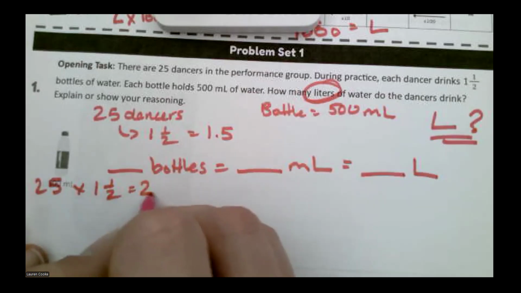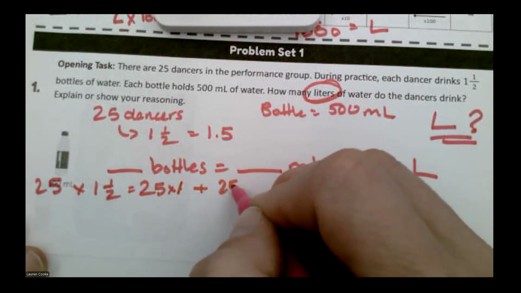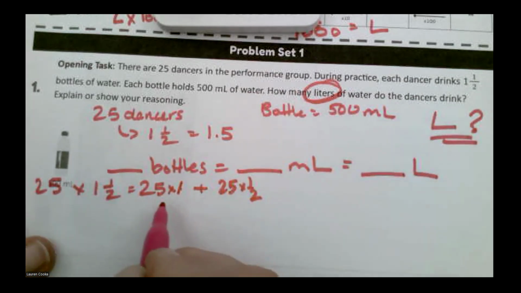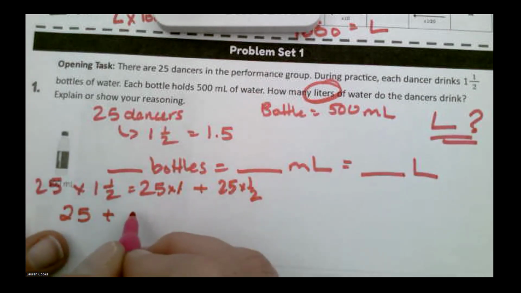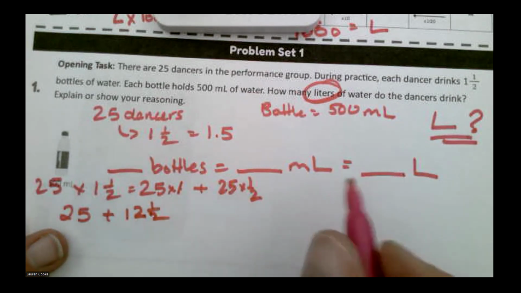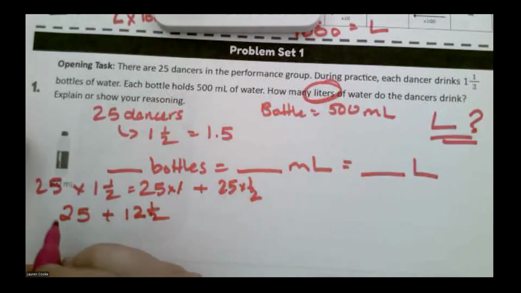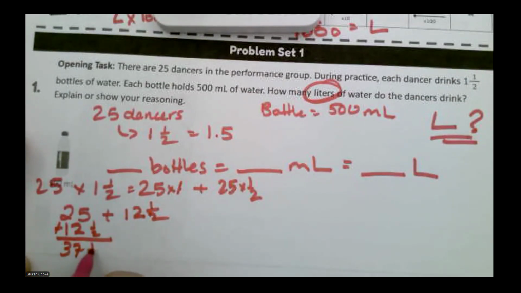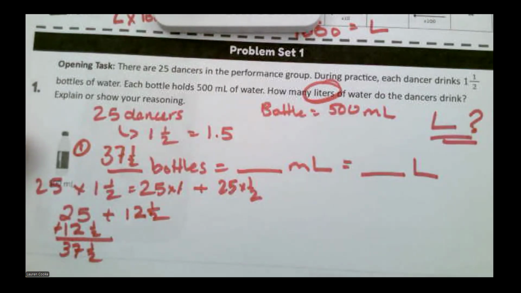That equals 25 times 1 plus 25 times a half. 25 times 1 is 25 plus 12.5 or 12 and 5/10. So all together, that's going to be 37.5. So I have 37.5 bottles. So that is now 1 point of my answer.